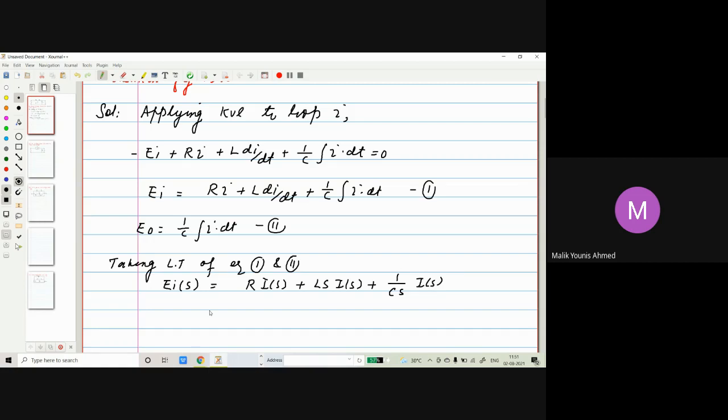That's the equation. E_i of s, we can take I of s common, so there will be R plus Ls plus 1 by Cs multiplied by I of s.